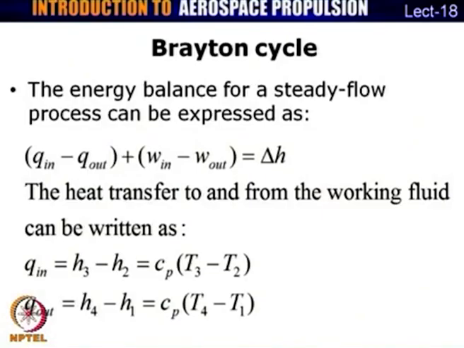We can assume the different constituents of the Brayton cycle to be steady flow systems, and for a steady flow process, the energy balance is Q in minus Q out plus W in minus W out equals delta H. If we calculate the heat transfer to and from the working fluid, Q in is equal to H3 minus H2, because it is constant pressure heat addition. Therefore, it is equal to Cp times (T3 minus T2). Q out, again constant pressure heat rejection, is H4 minus H1, that is Cp times (T4 minus T1).